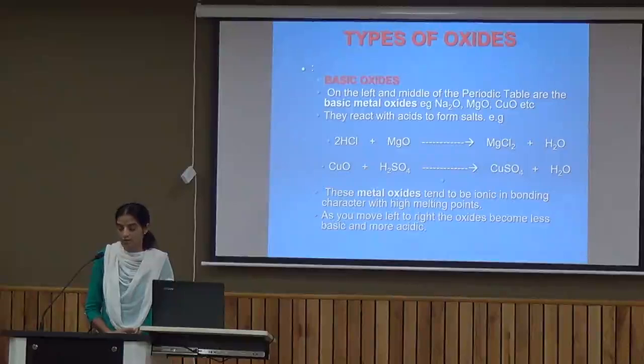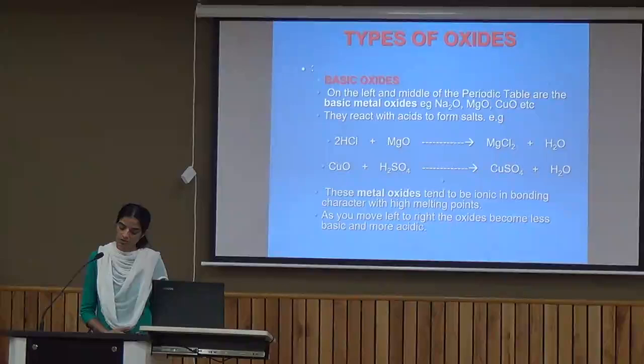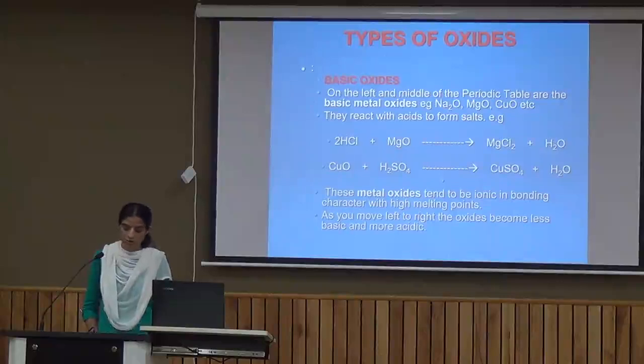These are basic oxides as they are metallic oxides, and we know metallic oxides generally are basic in nature. So when they are basic in nature, they are bases. When they react with acids, what will they form? Definitely salt and water. This property of basic oxides is well indicated by this reaction: these oxides react with acid to form salt and water, so definitely these oxides are basic in nature.